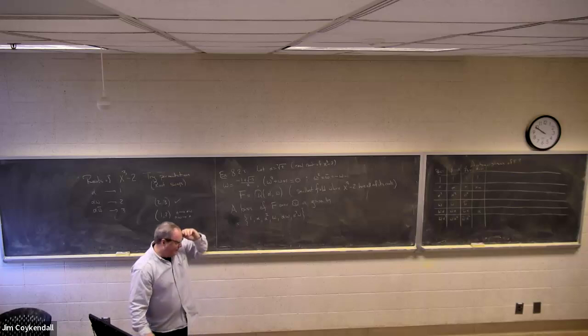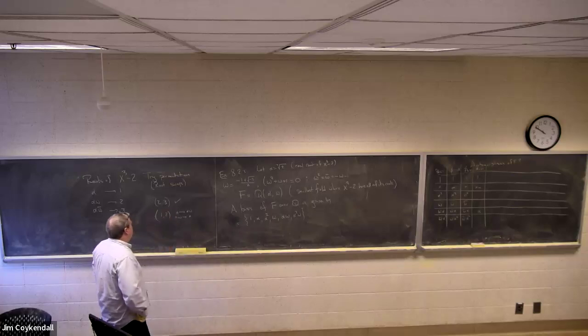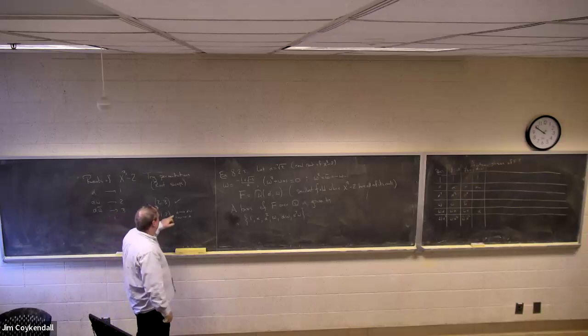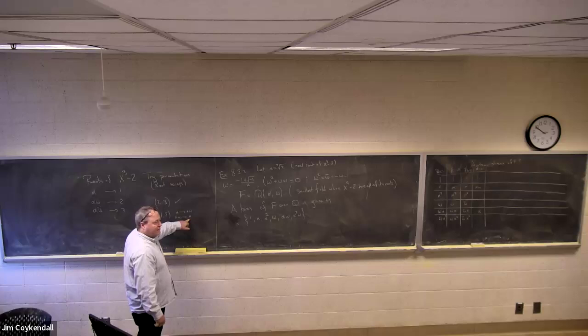How about omega? And how can we figure it out? If alpha goes to alpha omega, and alpha omega goes to alpha, then omega is the quotient of these, right?